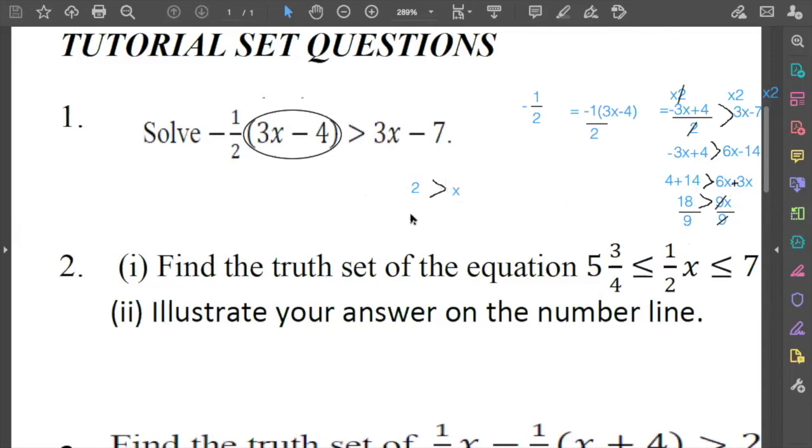Or we can still say x is less than 2. X is less than 2. Good.